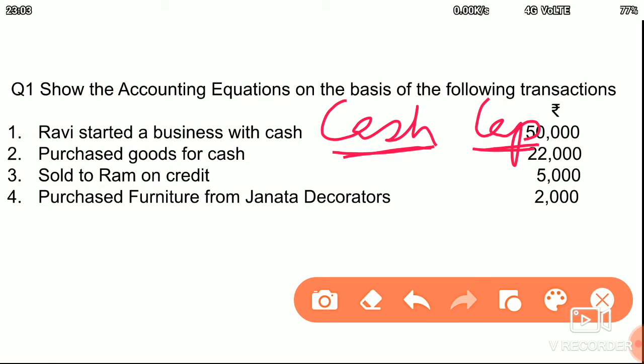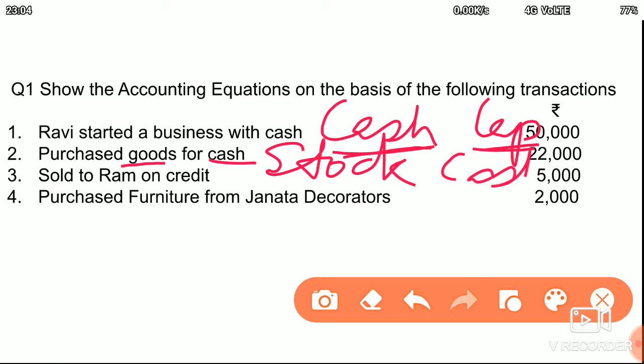Purchase goods for cash. In this transaction, the two accounts that will get affected will be the goods account and the cash account. Goods in the accounting equation is represented by the stock account. We don't write goods account, but we write stock account. So the account that will get affected will be the stock account and the other account will be the cash account.